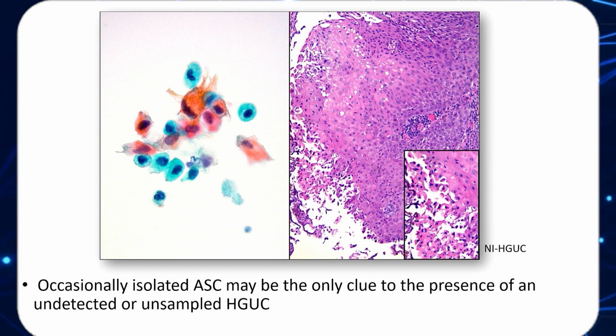So this is an example. You can see if we find this in our sample, this may represent something such as this, where there's a urothelial carcinoma, but this surface layer here is giving you a frankly keratinized appearance. So again, this is where we really help the urologists out quite a bit in following up with these patients.